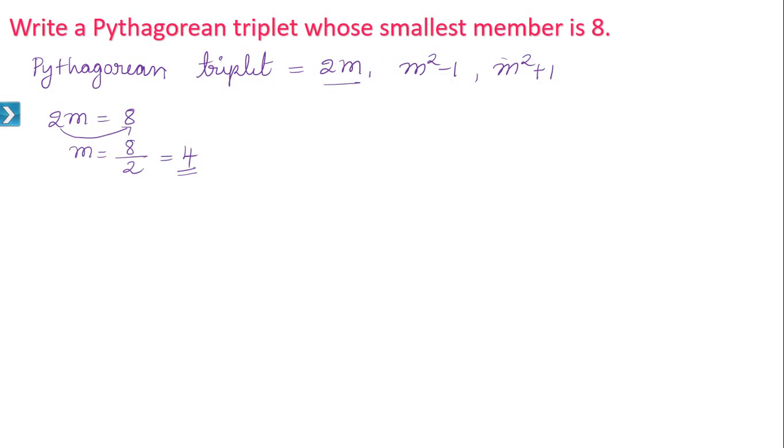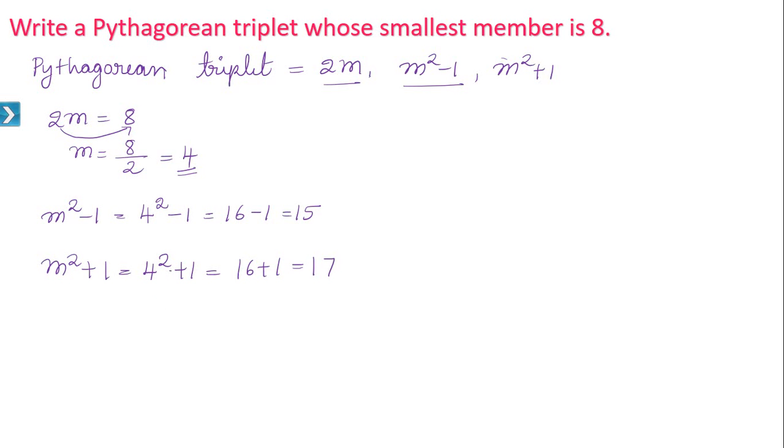Now, we can find the remaining numbers of the Pythagorean triplet. The remaining numbers are m square minus 1, where the value of m we got is 4. 4 square minus 1, that is 16 minus 1, is equal to 15, and m square plus 1, that is 4 square plus 1, that is 16 plus 1, is equal to 17.